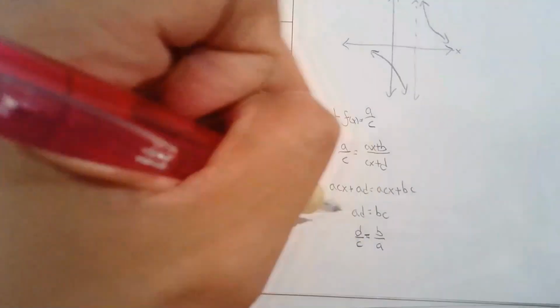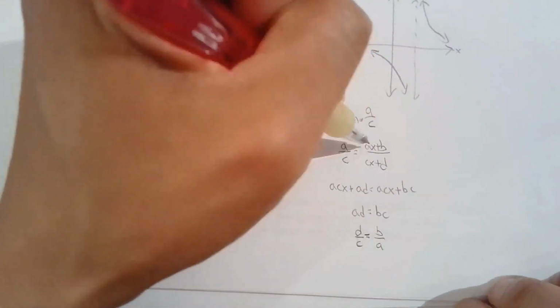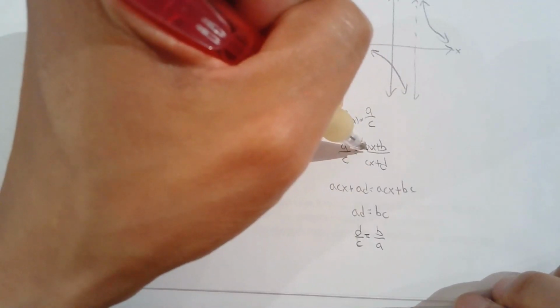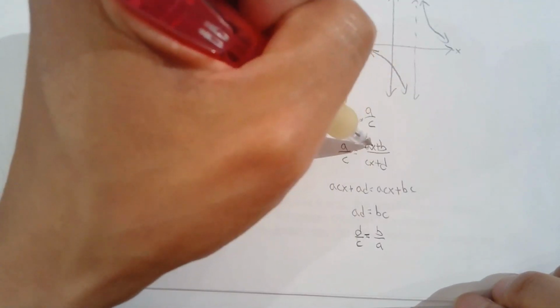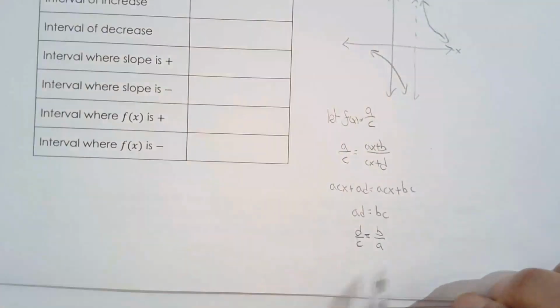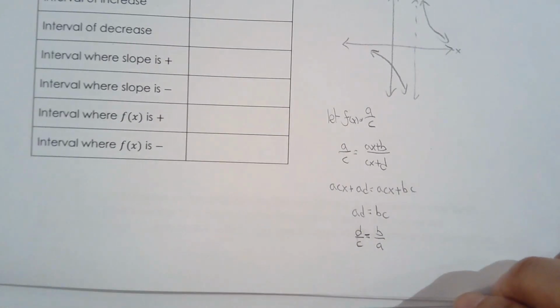If B over A is equal to D over C, that's basically telling you that your linear function, or sorry, your rational function, the numerator and denominator are multiples of one another, okay? So if A times D is equal to B times C, then the two factors, the numerator and denominator, are multiples of one another.